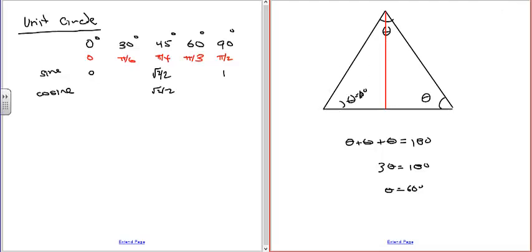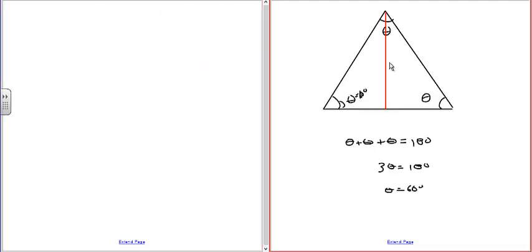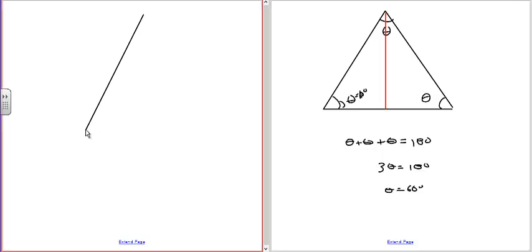So then you've got this triangle here, which is 60 degrees here, and if you cut this 60 degree in half, you're going to end up with a 30, 60, 90 degree triangle. So let's just draw that triangle in there. So we're taking half of an equilateral triangle. Okay.